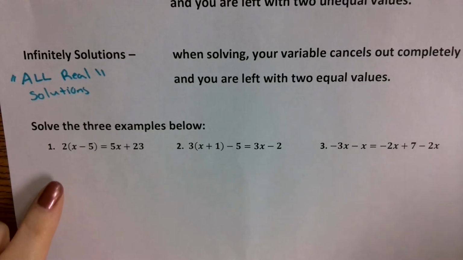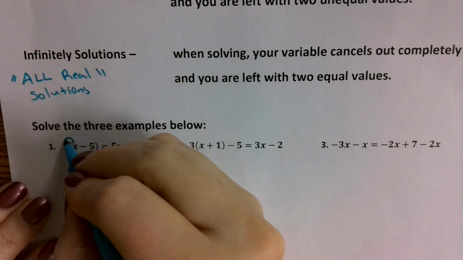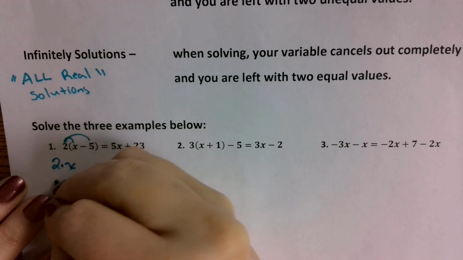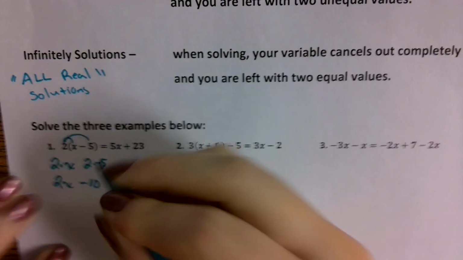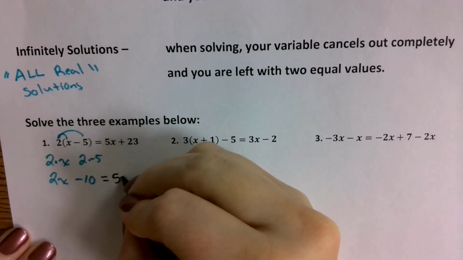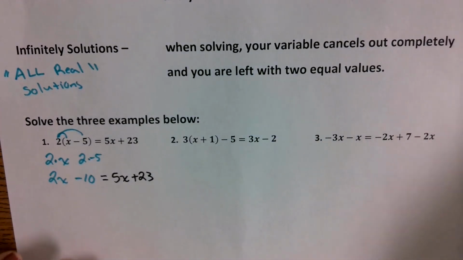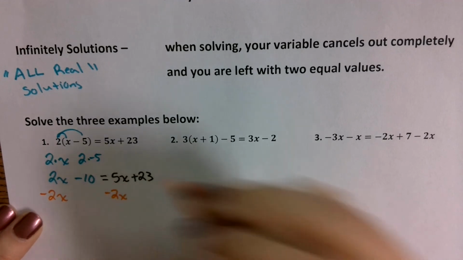All right, for problem number 1, real quick, you would distribute 2 times x and 2 times -5. 2 times x is going to give you 2x. 2 times -5 is going to give you a -10. On the other side, you would still have it saying that it's equal to 5x plus 23. You would then subtract a 2x from both sides.